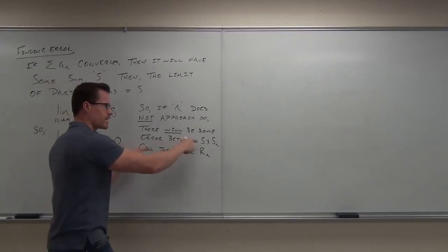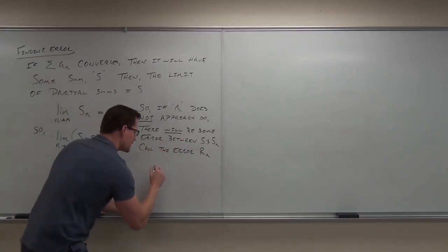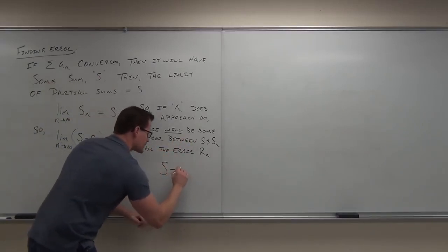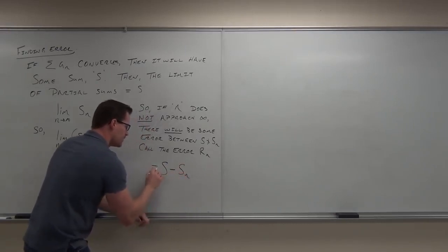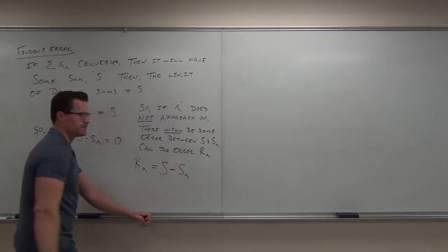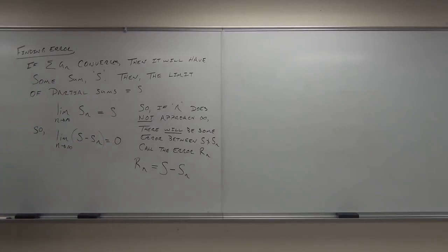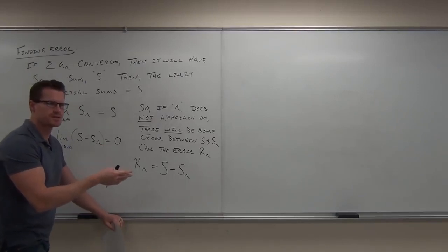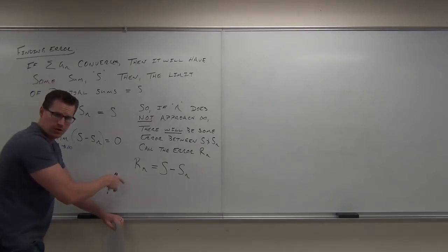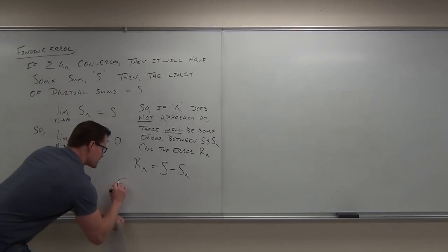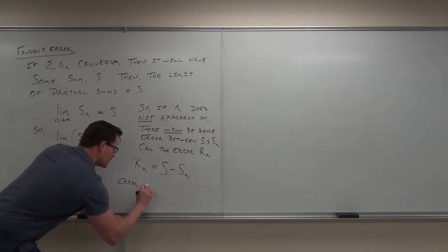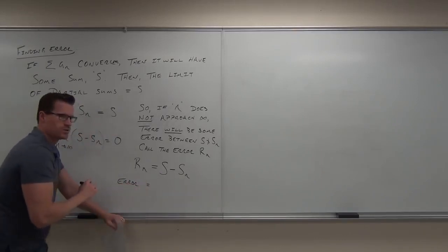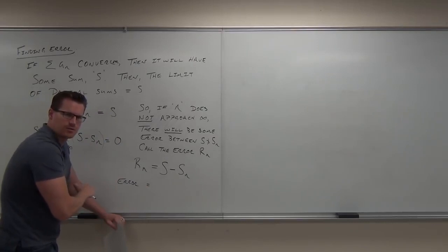Since there will be some error between these, if I take S minus S sub n, this is what we're calling R sub n. Basically, it means this, and hopefully this makes sense. R sub n stands for your error. So this says that your error is equal to, what does S stand for?